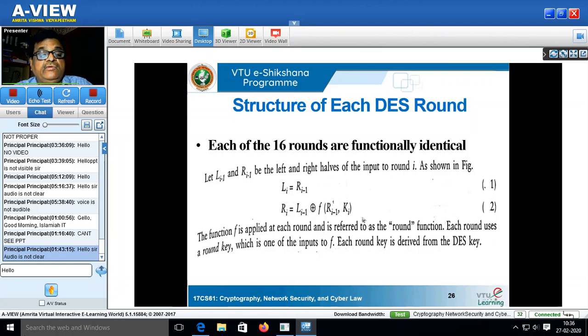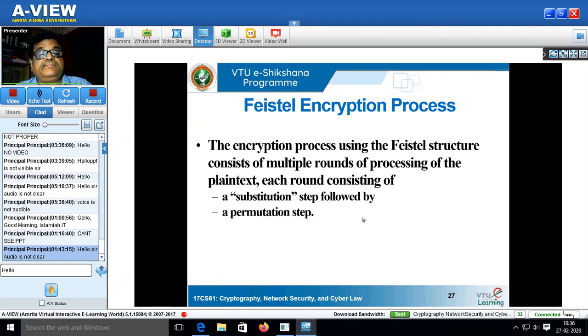This is what we are going to carry out. The function f is applied at each round and is referred to as the round function. Each round uses a round key, which is one of the inputs to function f. Each round key is derived from the DES key. Some formula we have to use, and using it we derive the round keys from the DES key.